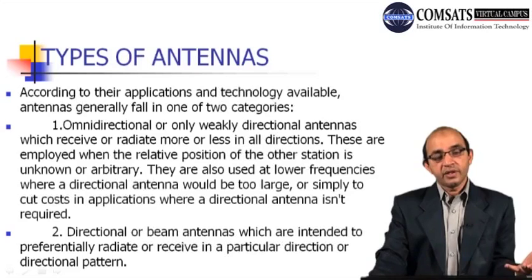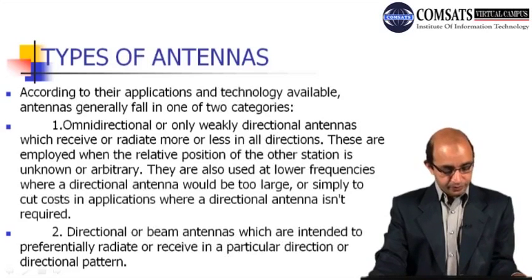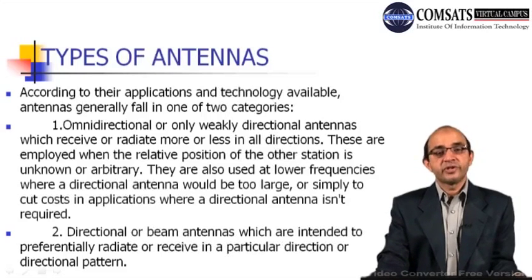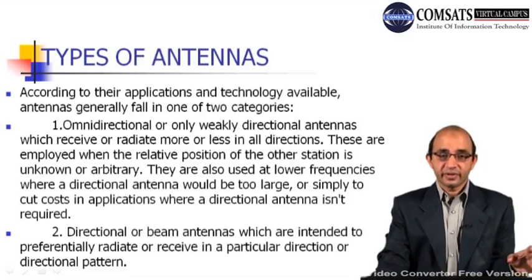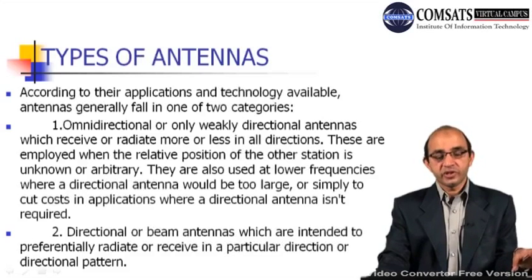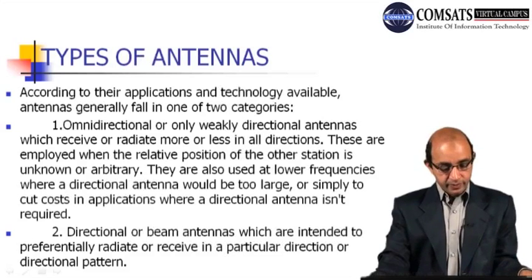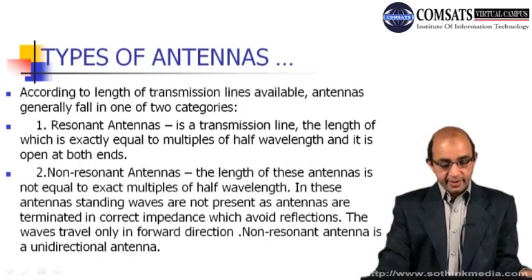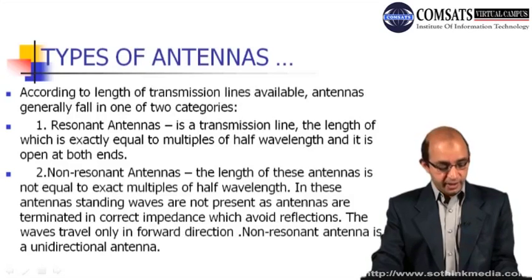One is the directional antennas, and the other is the omnidirectional antennas, in order to provide communication facilities for the cellular phone. When different sites or base stations have to communicate with each other, for that purpose they normally install directional antennas. So we discussed antenna types according to their applications.